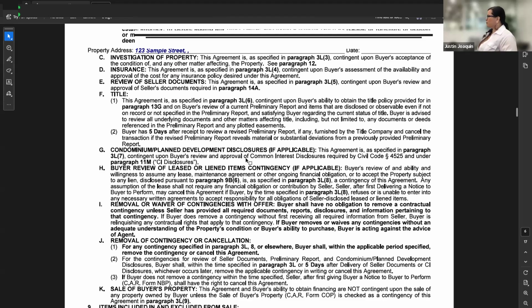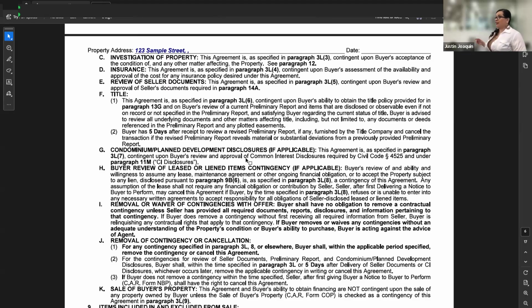How much more can you get than any other matter affecting the property? That's pretty broad. So the question is: can a buyer cancel based on the investigation of property contingency regarding any aspect of the property? Yes. We'll talk about that when we get to paragraph 12 in the next session, and I'll give you all sorts of examples.